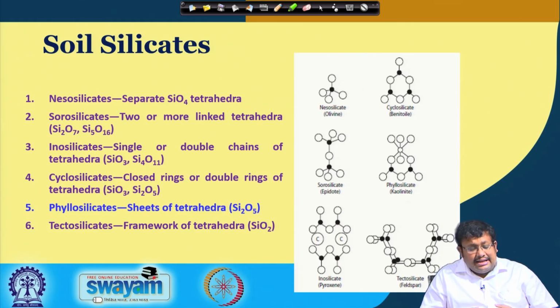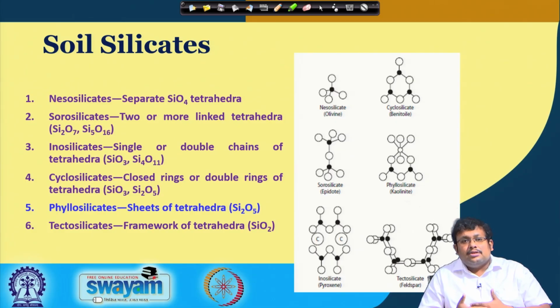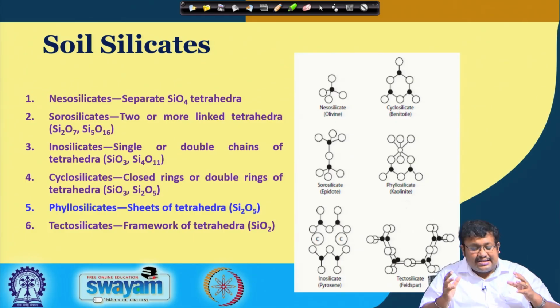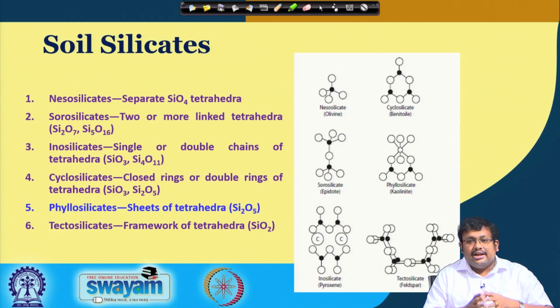And finally, the final one is called the tectosilicates, which is basically a stable framework of tetrahedra producing a formula of SiO2. And the example of this tectosilicate is basically feldspar, quartz, and the other primary minerals.